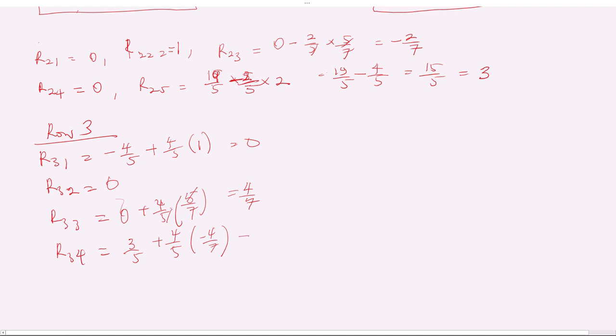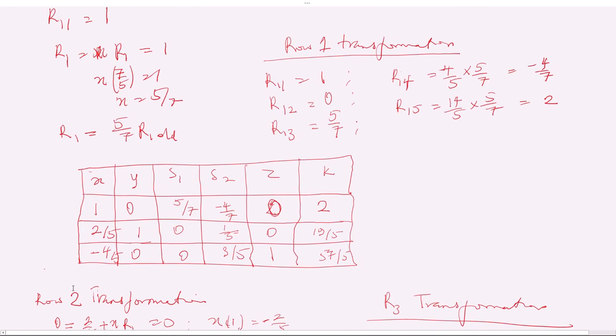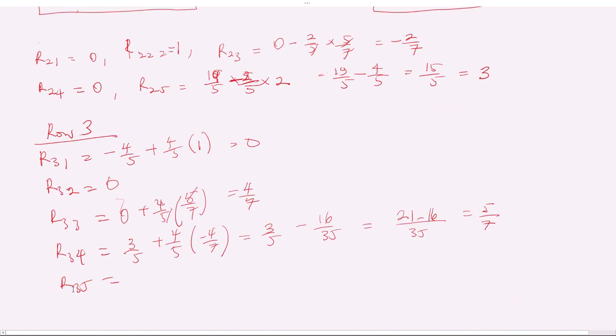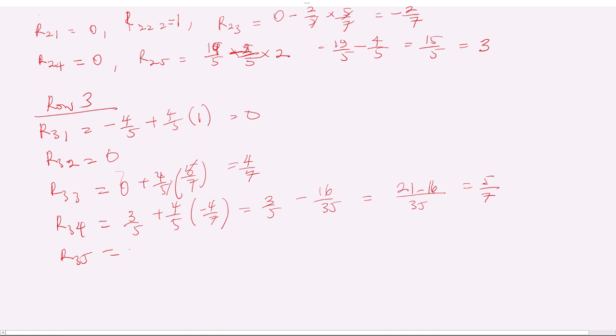This is 3 over 5 plus minus 16 over 35, right? When we take 35 here, this is 21 minus 16, which is 5 over 35, so 1 over 7. R35 equals 1.